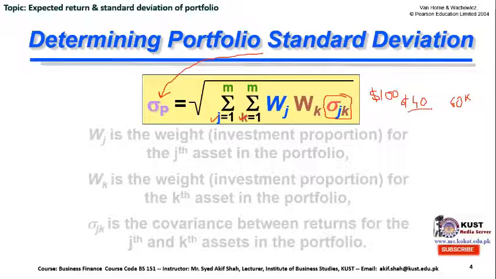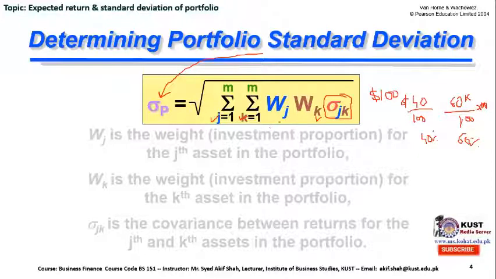Then the weight is calculated by dividing by the total amount of investment and multiplying by 100. It gives you that we have invested 40% of our amount in security J and 60% in security K.